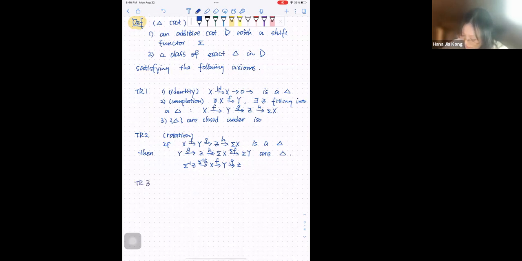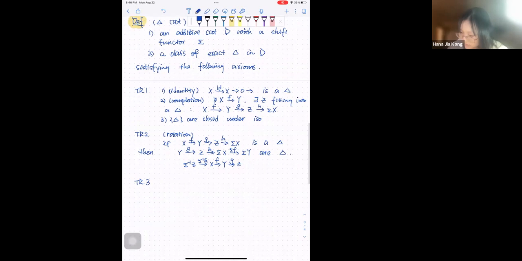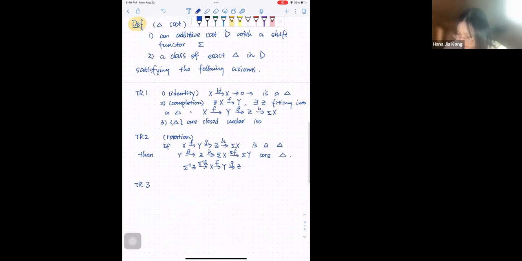And the third axiom is about functoriality, and let me call it weak functoriality. Let me first draw a diagram.